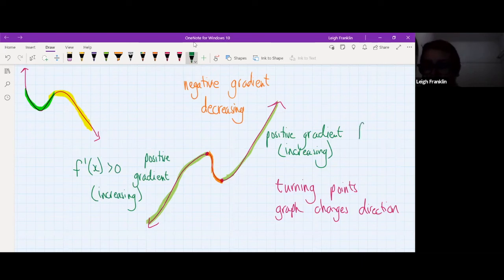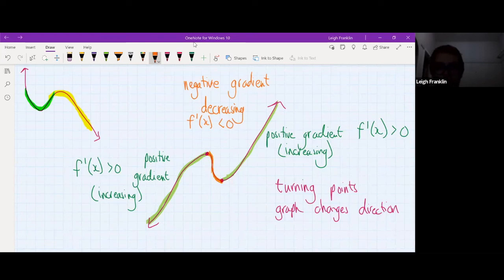Over here, where the gradient is negative, f prime x is smaller than 0.